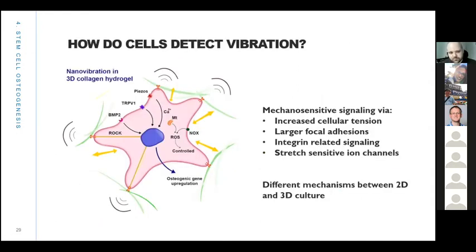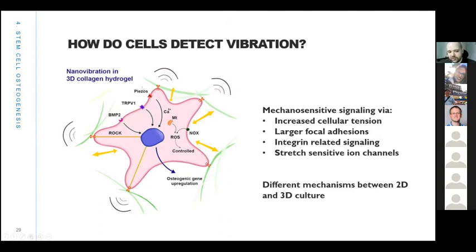So I won't go into all the detail of the in vitro data we've collected, but in general, we find that the key factors that allow cells to detect these tiny vibrations include the adhesions of the cell to the surface or to the collagen gel using these integrins mentioned earlier, and also ion channels on the surface of the cells.